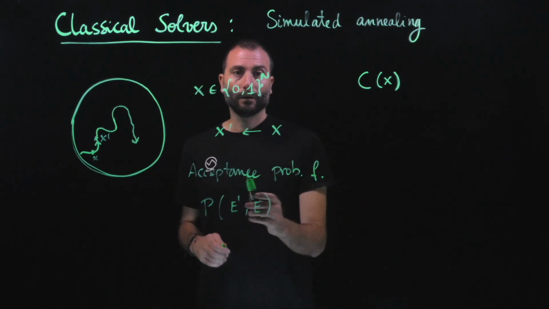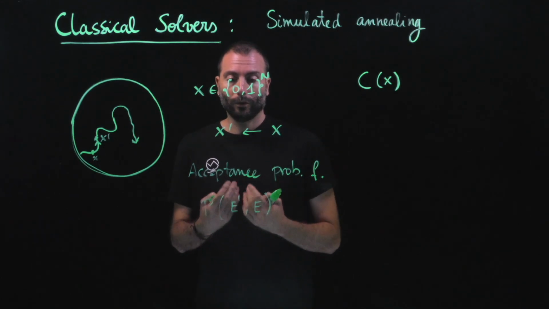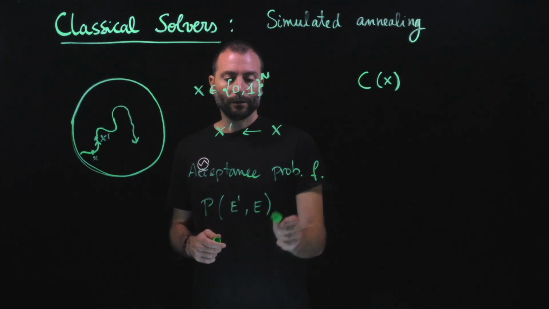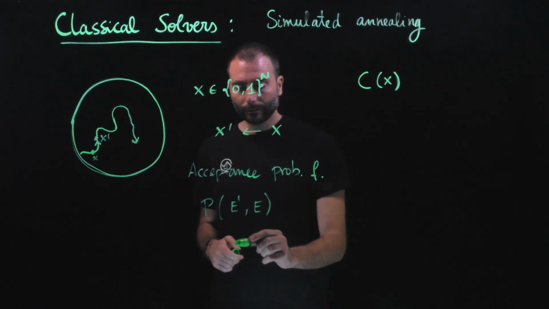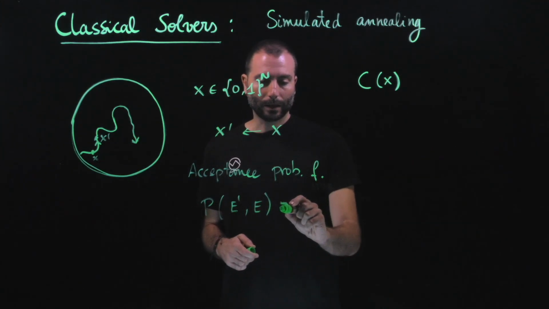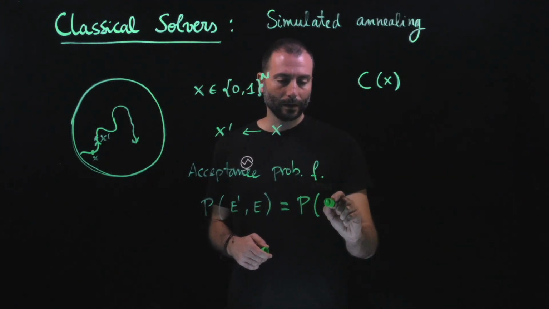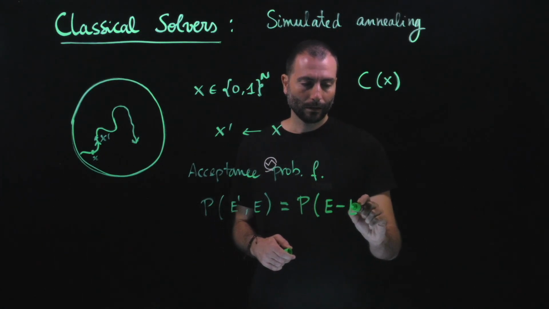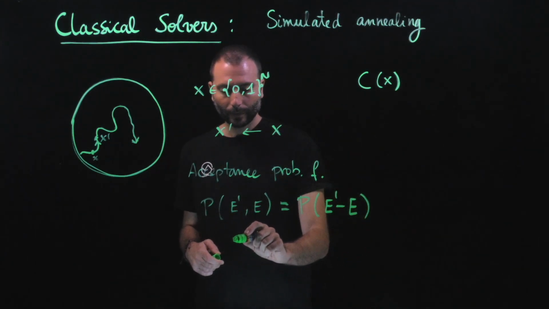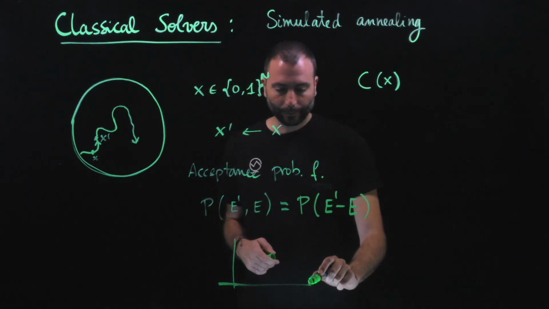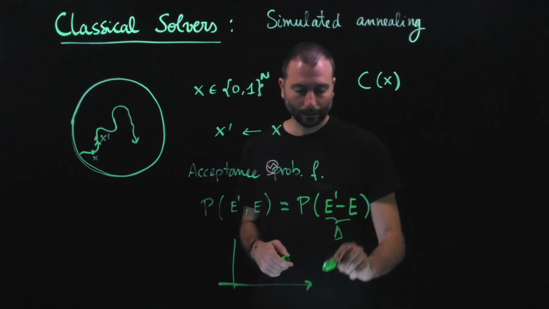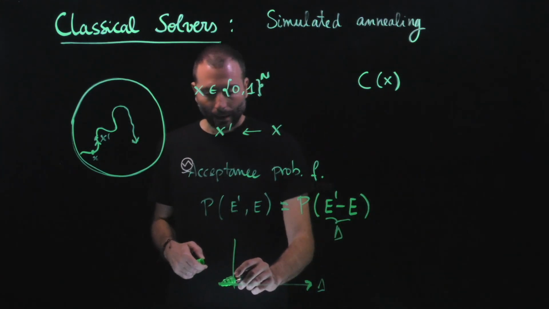So when you program the method, you need to decide which acceptance probability function you take. Usually, the most standard thing is to take this function as only depending on the energy difference, E prime minus E, for instance. This is the energy difference, let's call it delta.